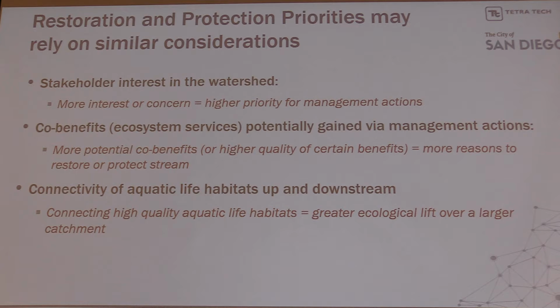Co-benefits, or ecosystem goods and services, which we heard a little about this morning, is something we think is important to incorporate to the extent we can. The more or higher quality co-benefits you might get may be another reason to prioritize that site more. And then connectivity, which we also heard about this morning. Connectivity of aquatic habitats could be a very important factor as well.